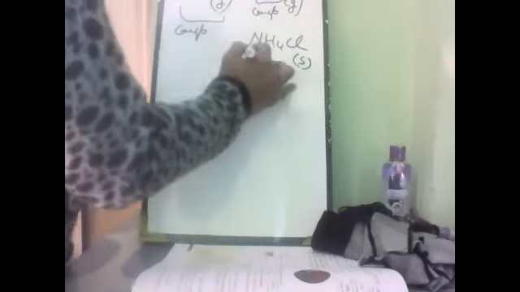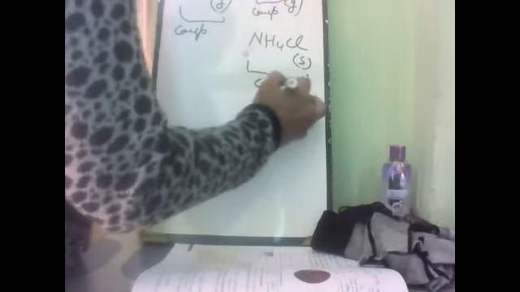Hydrogen and chlorine are combined together already, so that is also a compound. When two compounds react together to form a third compound, ammonia reacts with hydrogen chloride gas to form dense white fumes of ammonium chloride.